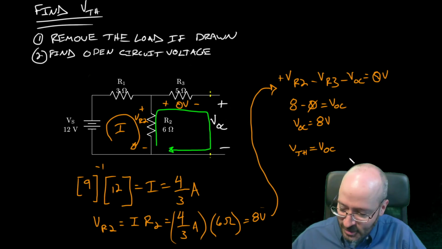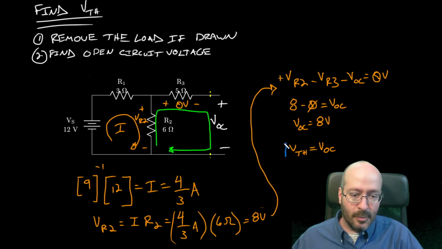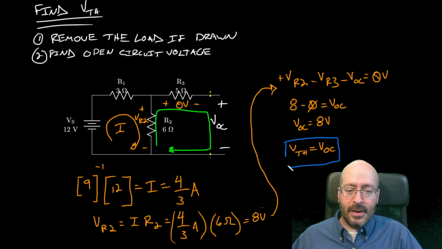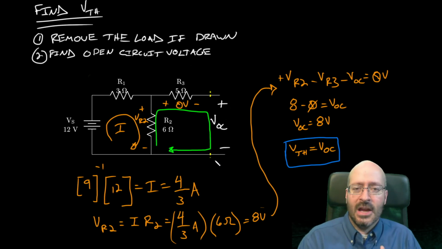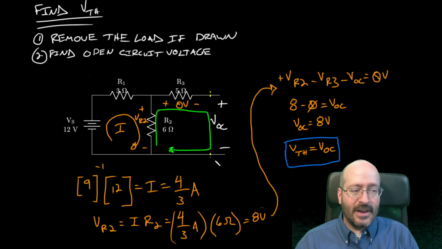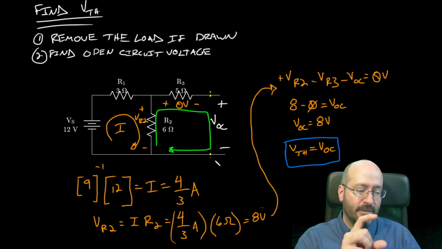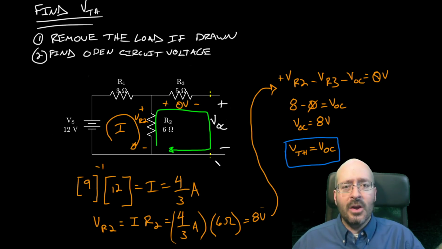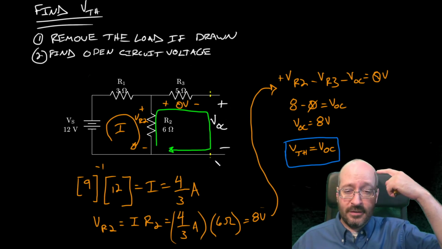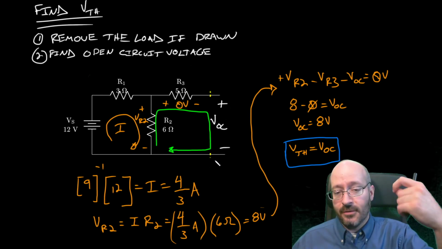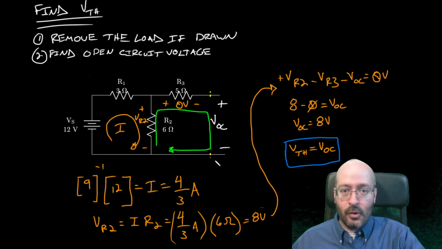That's it. Okay, Thevenin is equal to V open circuit. A lot of times, instead of just labeling it Thevenin, we talk about it as the open circuit voltage so that you don't lose sight of the fact that we open up the circuit and we find the voltage across it. For this circuit, I want you to tuck this away in your head. For this circuit, that Thevenin voltage is 8 volts.